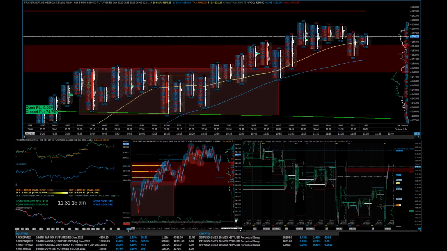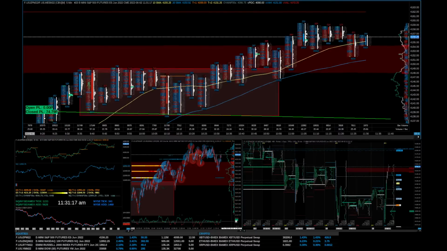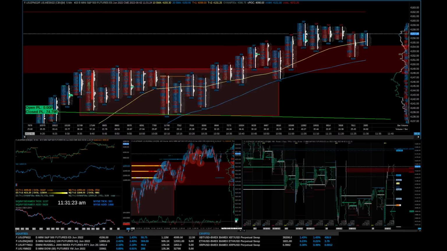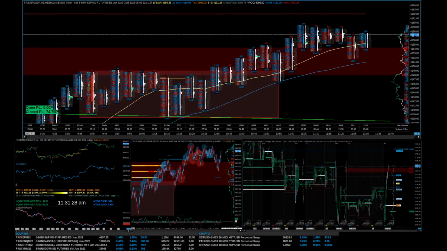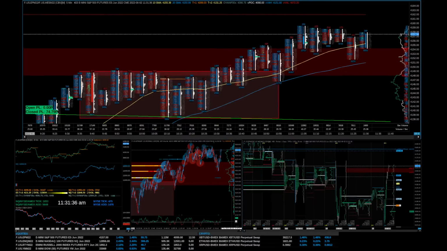And I like trading momentum. So this is just lazy trading. A lot of fake outs. So, yeah, I'm not a huge fan of entering positions here, but it doesn't mean that it won't fly to the downside.